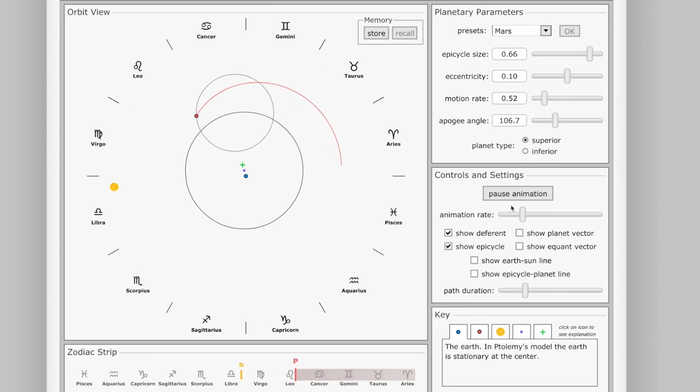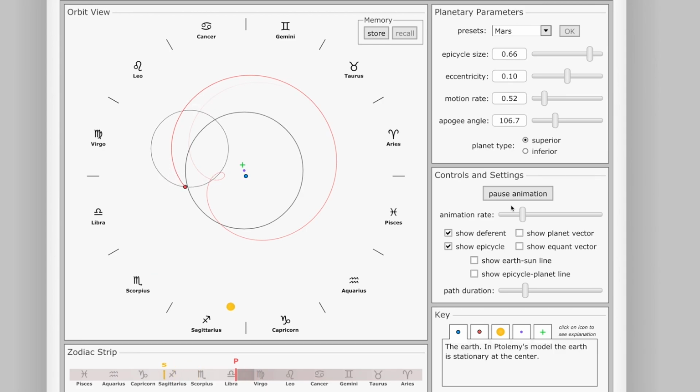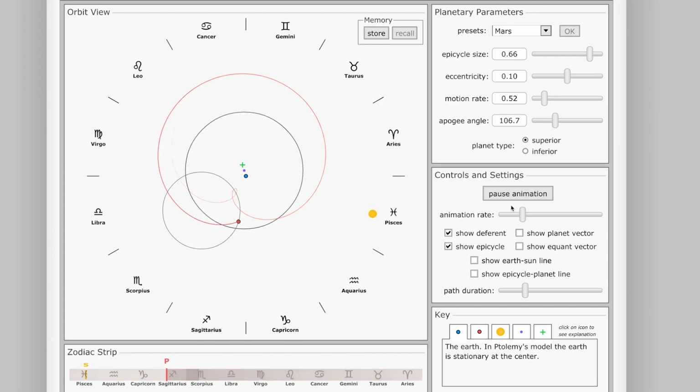In the main panel in the top left, you see a small circle with the red planet Mars attached to it. That small circle is your epicycle. That epicycle moves at constant speed along the deferent, and it also rotates at a constant speed independently of that.